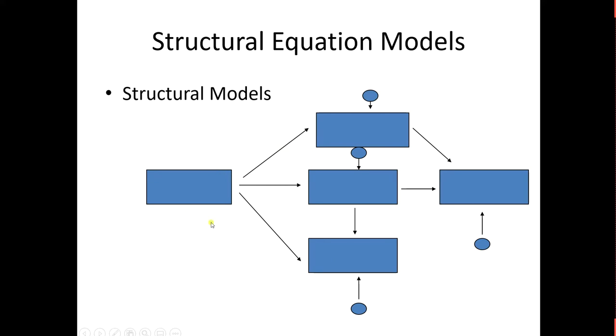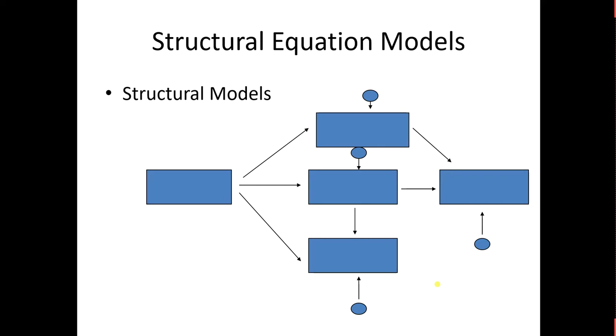So this is exogenous, but all these three variables are endogenous variables. And these two endogenous variables in turn are determining this variable, and therefore this variable is also an endogenous variable, and all endogenous variables have been linked with error terms. So we have modeled errors that the measurement of either of these variables is not perfect. There is some measurement error.